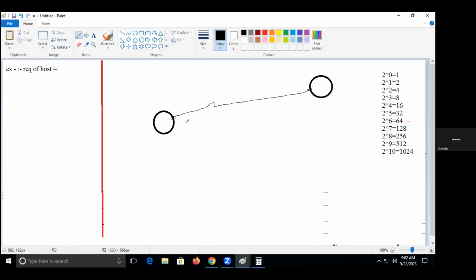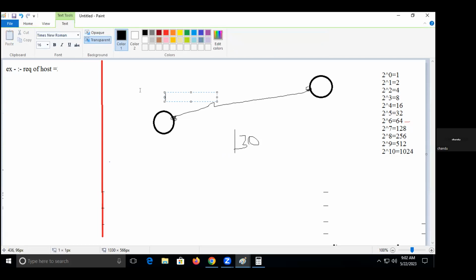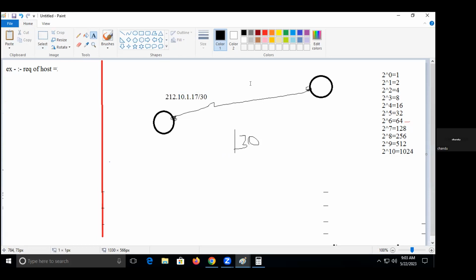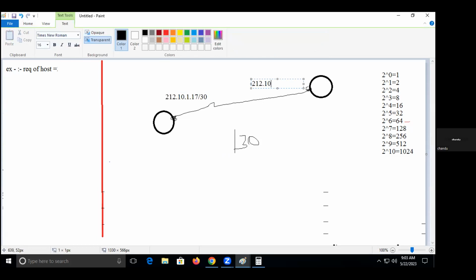So when you contact the ISP, the public IP address they give is /30. For example, the IP address is 212.10.1.70/30, and your other IP address is 212.10.1.80/30, like this.